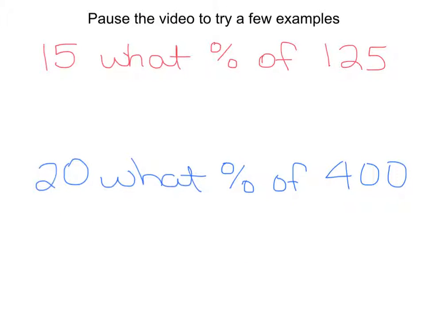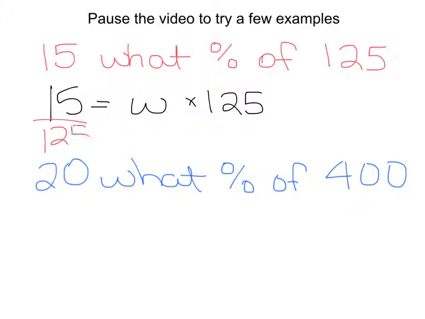Pause the video for a few examples. The first example is 15 is what percent of 125? Again, you divide both sides by 125, and you will get 0.12, but you want to change that from a decimal into a percent, which is 12%.